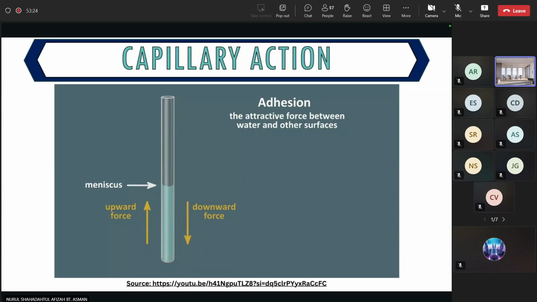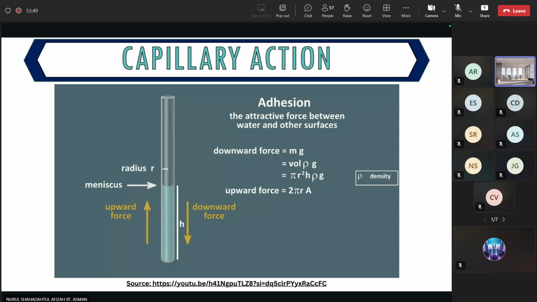The downward force equals the mass of the water column times the gravitational constant. The mass of the water will be the volume times the density, given by the Greek letter rho. The volume of a column is pi r squared times the height, h, so the overall downward force will be pi r squared times h times rho times g.